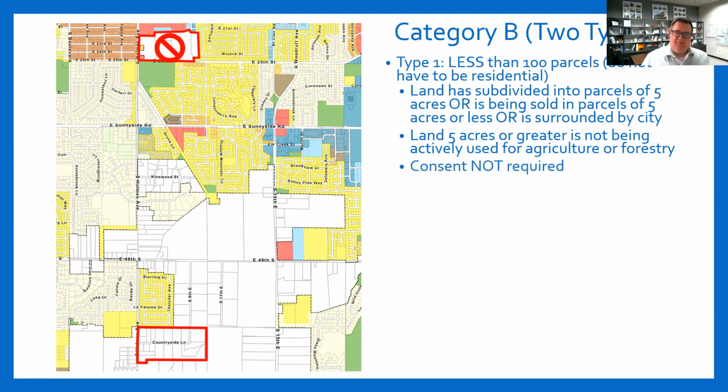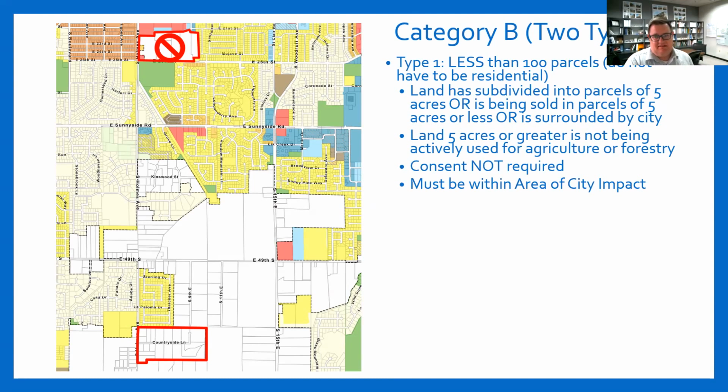Now, again, in this particular type of category B, consent is not required. The statute simply says it's less than 100 parcels where not all owners have consented to annexation. Now, the one difference in category B from category A is that category B properties, annexations have to be within the area of city impact.